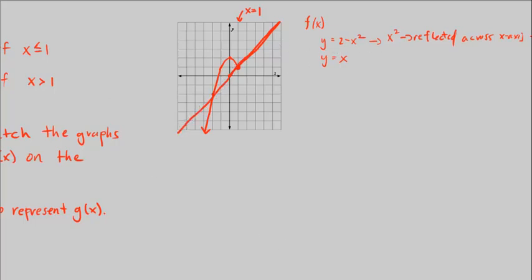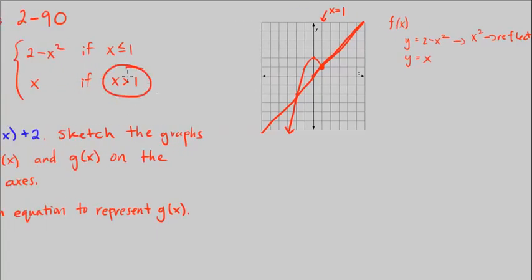But again, I need to make sure I consider it's just for when x is greater than 1. So I'm going to go ahead and start with x equals 1. So I'm going to start here, x is equal to 1, but I'm going to have an open circle here, and it's going to go to the right, just like this. Let me draw a little neater.